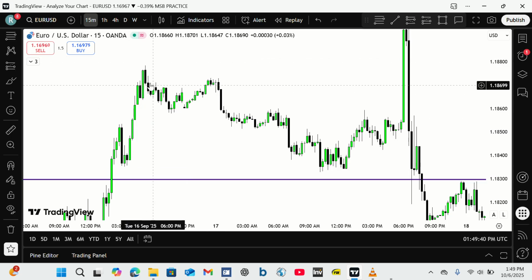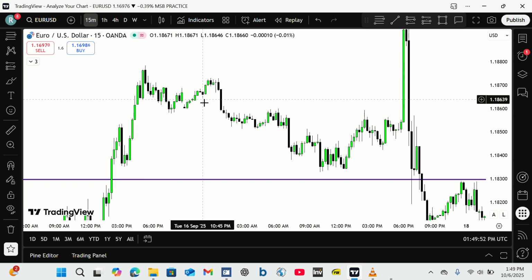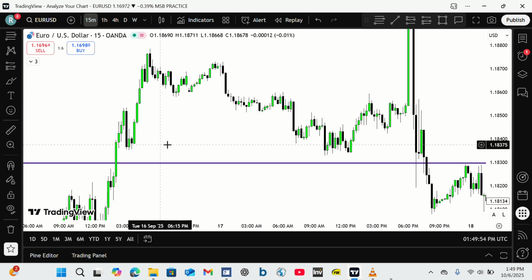With the swing high, we have three candlesticks with the middle candlestick being the highest and then two lower candlesticks at the left and right of the middle one. And then with the swing low, it's the same thing but the reverse of it.